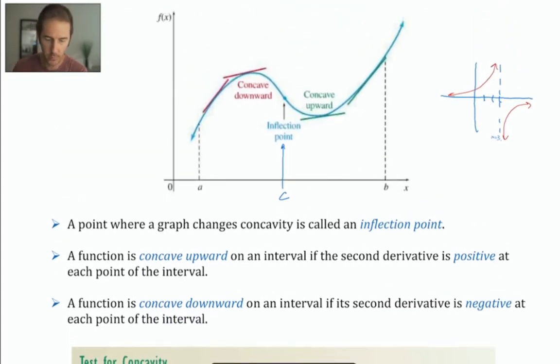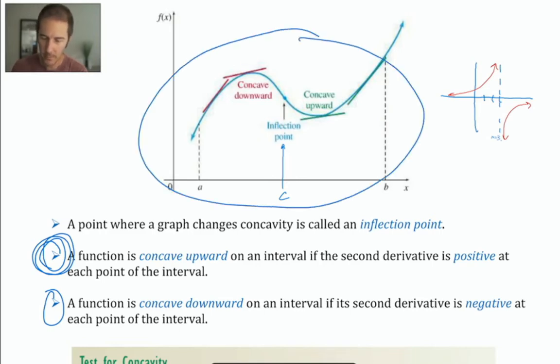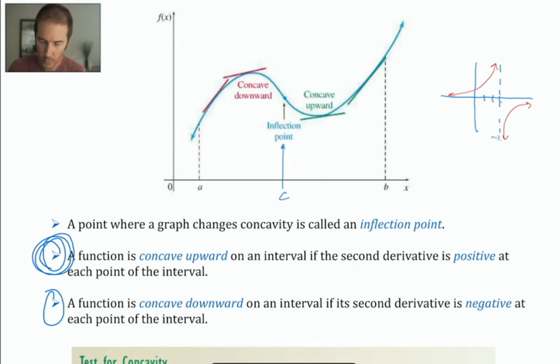Okay, so what we're seeing in this bullet right here, now we're relating the second derivative to concavity. So a function is concave upward on an interval if the second derivative is positive at each point on the interval. So let's look at this middle graph right here, and let's pick a point where our function is concave up.